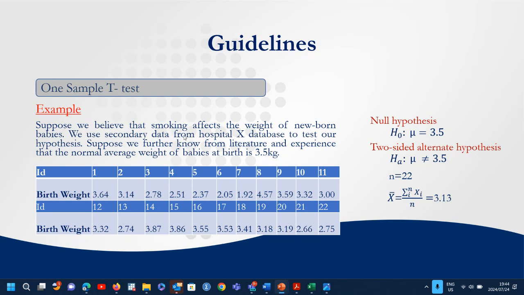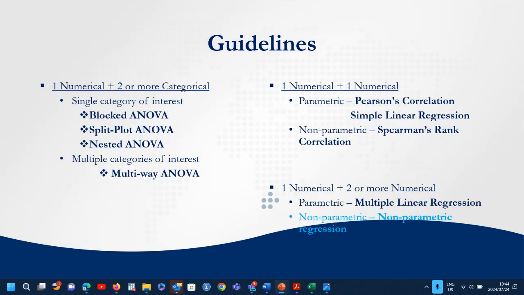You're only looking at babies born to mothers who smoke. It's one group, and you are looking at their average birth weight, which is a number. So you have a one sample t-test. With a one sample t-test, there will always be a hypothesized value that you are testing against.